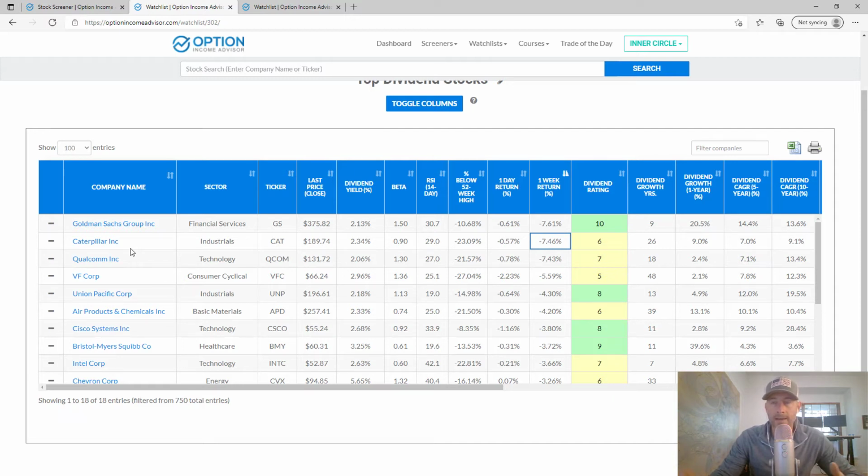As I'm looking at just dividend stocks for you right now, I'm going to have a tilt towards some of these cyclical dividend stocks that I think could do very well and might have some upside going into year end. So you're not just choosing these stocks for the dividend, you're choosing them for the dividend and potential upside going into year end.